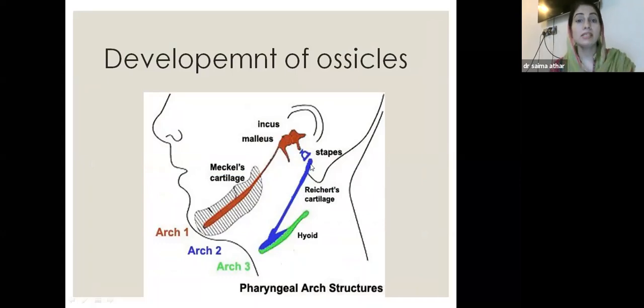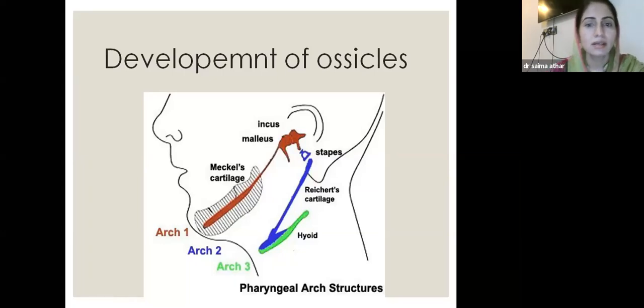These questions are asked: what are the derivatives of the pharyngeal arches and pouches, what is Reichert's cartilage, what is the Meckel's cartilage, and what is the nerve of first pharyngeal arch and second pharyngeal arch. That's the reason why the facial nerve supplies the stapedius muscle and why the trigeminal nerve supplies the tensor tympani.